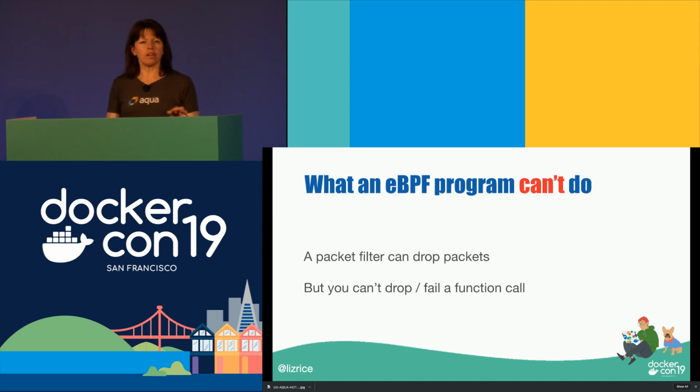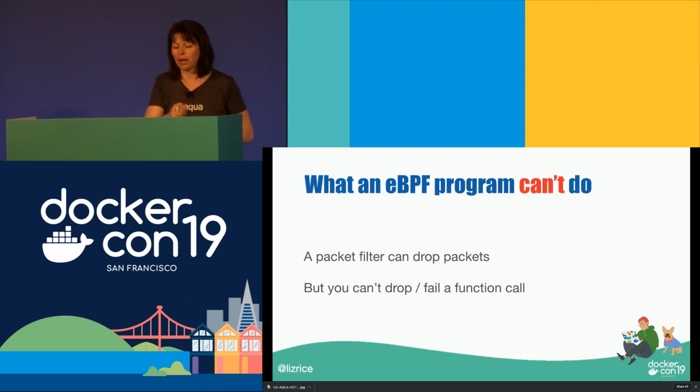There are also limits to what you can do in terms of using BPF programs to control. So we've seen BPF being used to observe events. If you have BPF on packet filtering, which is its heritage, you can look at a packet and make a decision about whether to pass it on or drop it. You can't do the same thing with function calls.